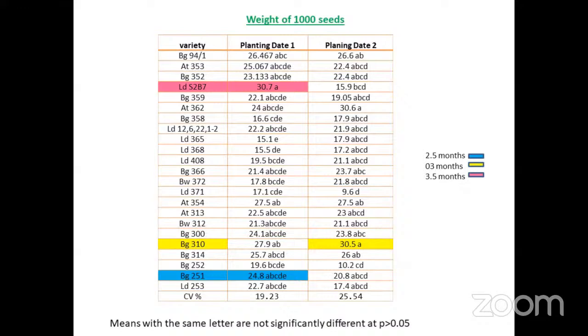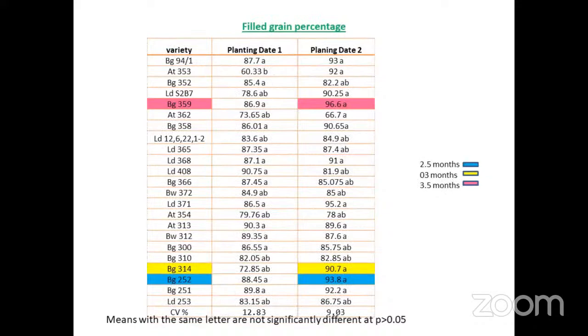BG 251, BG 310 and LD S2B7 varieties showed significantly highest weight of 1000 seeds in 2.5 months, 3 months and 3.5 months varieties respectively. Filled grain percentage. BG 252, BG 314 and BG 359 varieties showed significantly highest filled grain percentage in 2.5 months, 3 months and 3.5 months rice varieties.